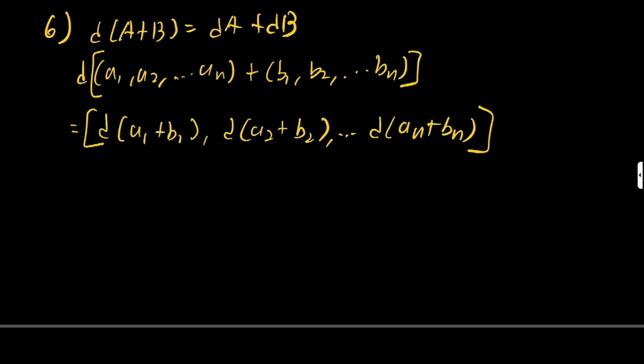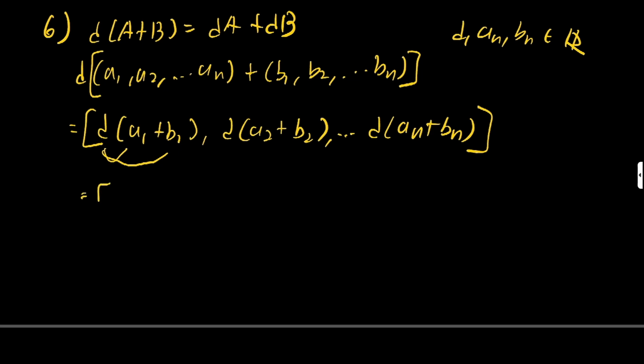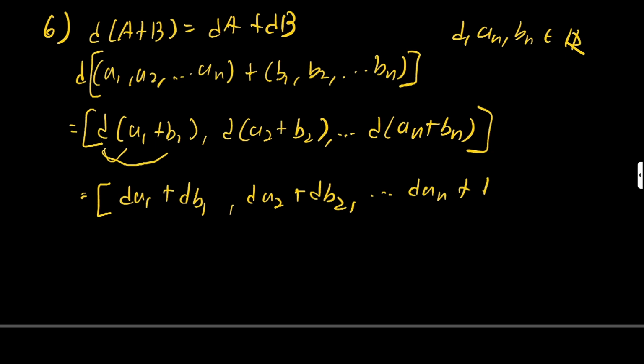And now, as we did earlier, we just distribute the d scalar because we are allowed to do that since all the numbers d, A1 and so on are real, and real numbers have a distributive property. So this is just equal to (dA1 plus dB1, dA2 plus dB2, ..., dAn plus dBn). And there you have it.